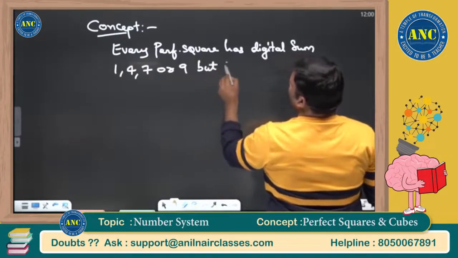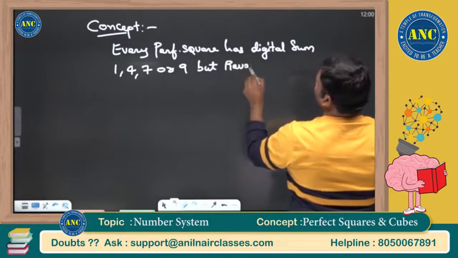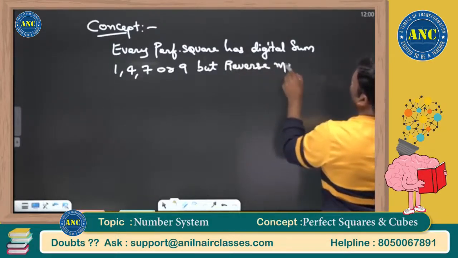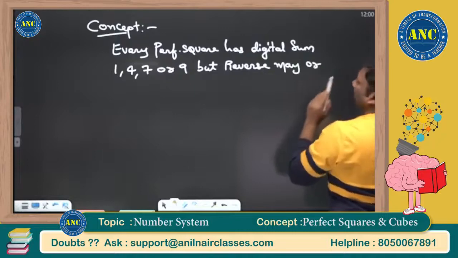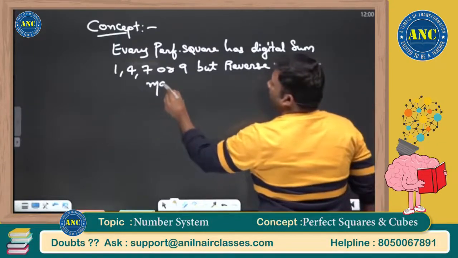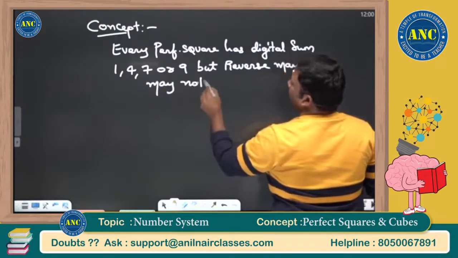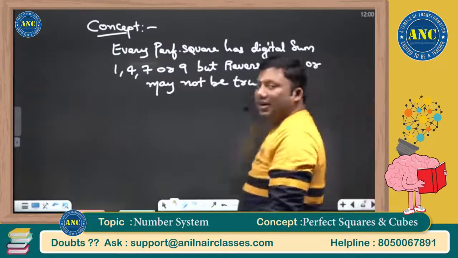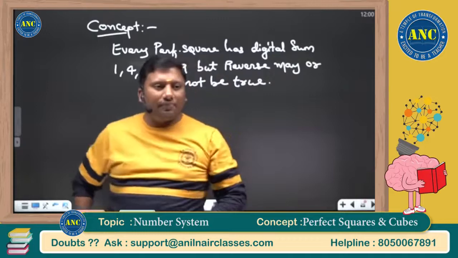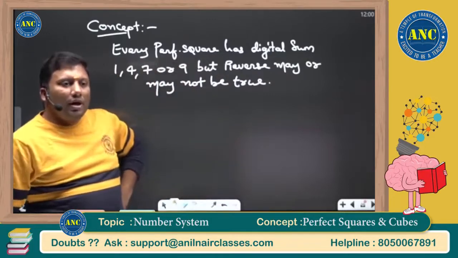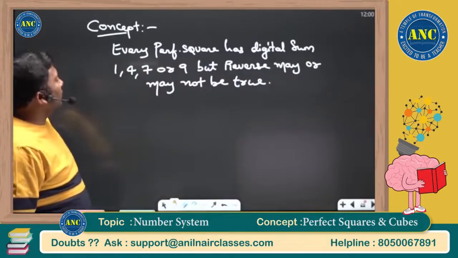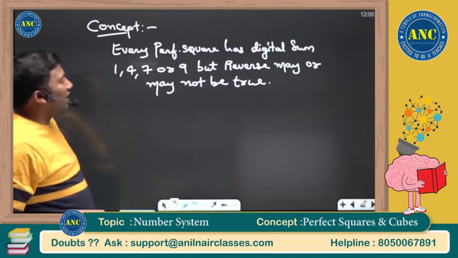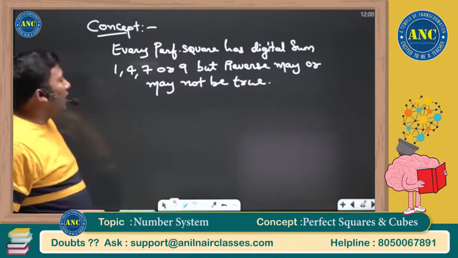But the reverse may or may not be true. Please make a note of it. But the reverse may or may not be true. Very, very important key points. Every perfect square has a digital sum of 1, 4, 7 or 9, but the reverse may or may not be true.